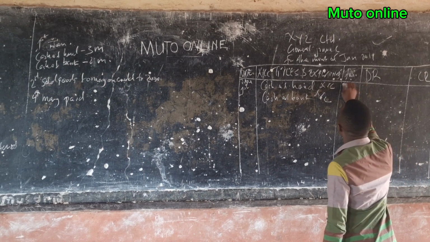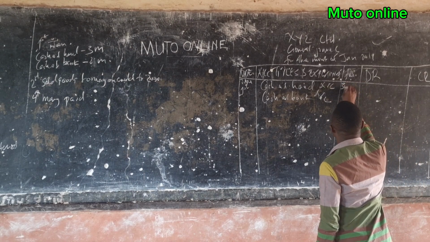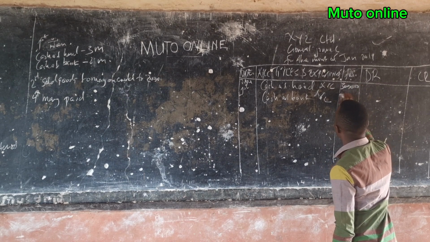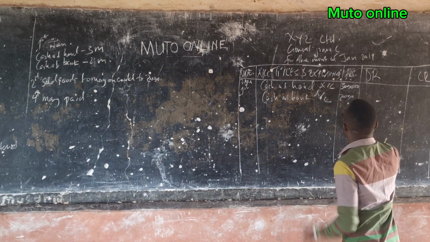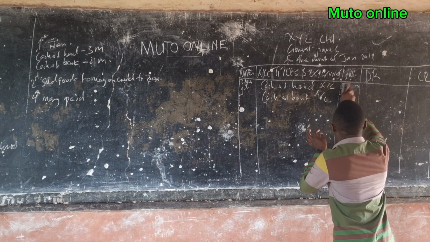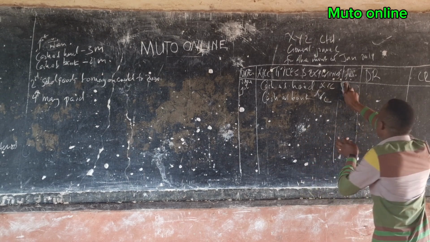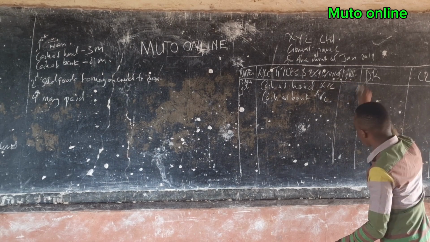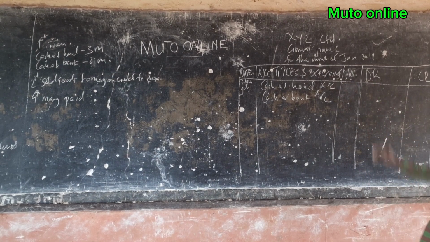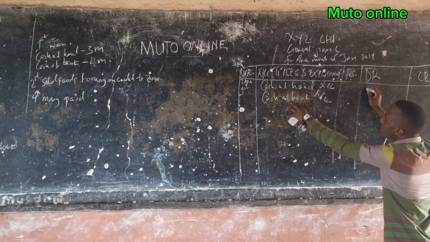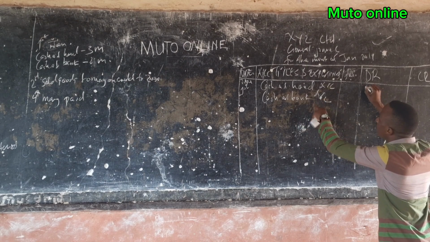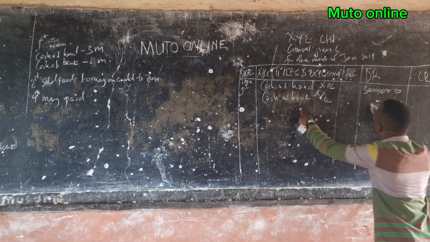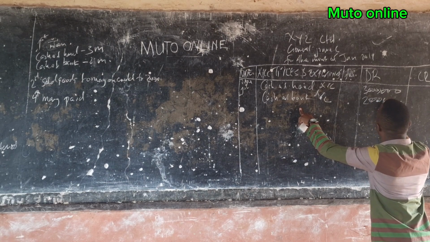So cash at hand was 3 million, and the cash at bank was 2 million. So we are debiting cash at hand 3 million and cash at bank 2 million.